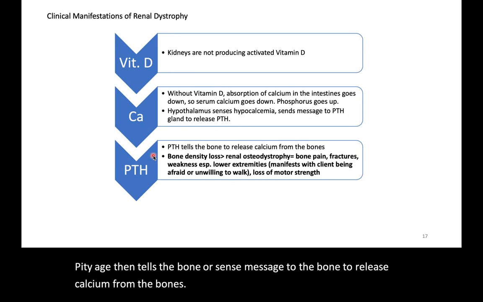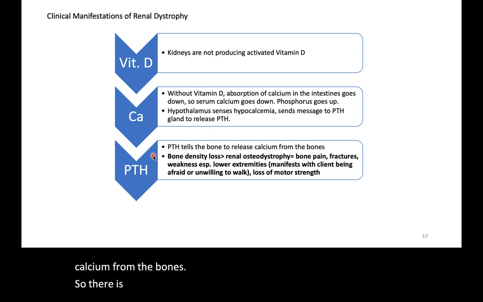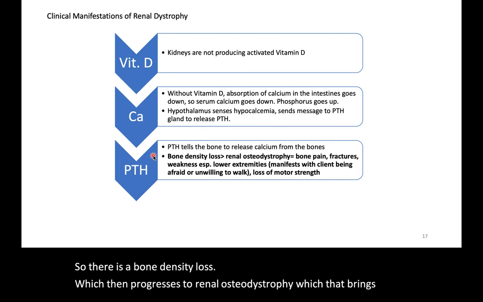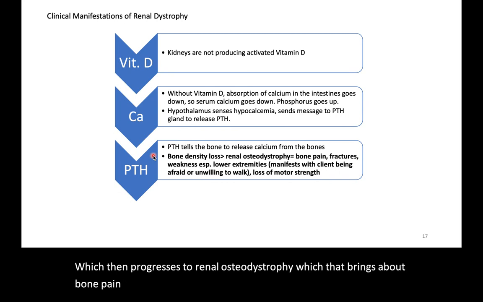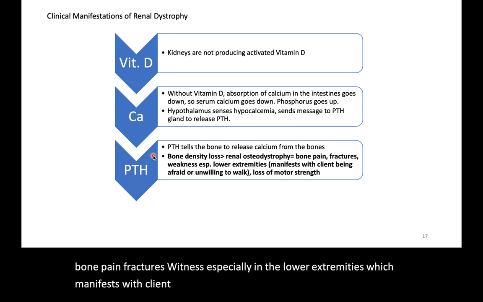So there is a bone density loss, which then progresses to renal osteodystrophy, which then brings about bone pain, fractures, and weakness, especially in the lower extremities, which manifests with the client being afraid or unwilling to walk.